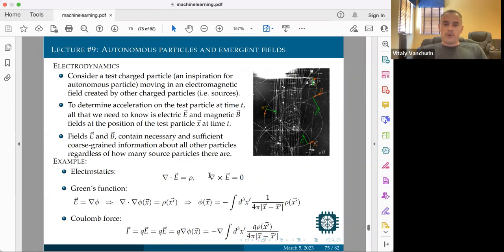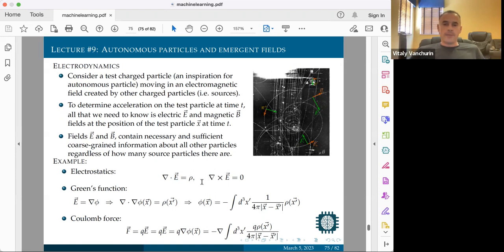The other condition comes from the fact that there is no time variation in the magnetic field: the curl of E equals 0. Usually we would have dB/dt as another term here, but since we assume that there is no magnetic field, there is no other term. So this is the only thing. Those two equations determine what the electric field is everywhere in space.